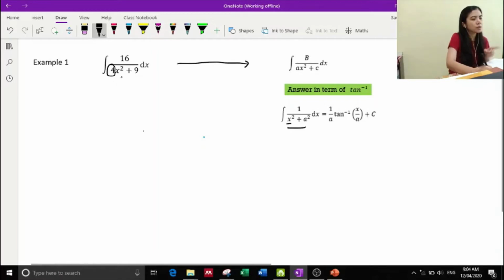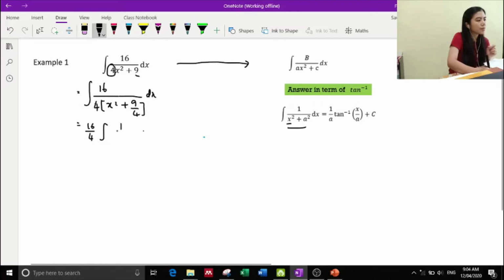So you try to manipulate this equation such that you can use that formula. What you have to do is factor out the 4 from the quadratic. If you factor out the 4, at the bottom you will have x squared, and how about the 9? The 9, you have 9 over 4. And we pull out the 16 over 4, and we will have 1 over x squared plus 9 over 4, dx.